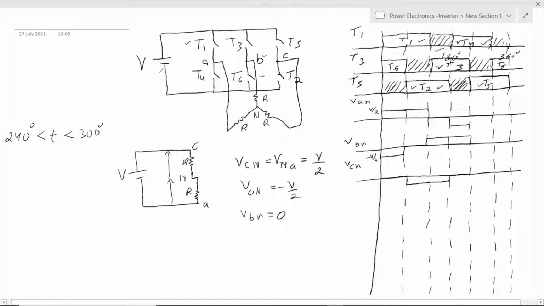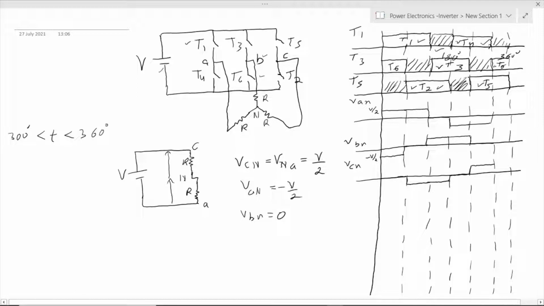So VAN is equal to minus V by 2 remains connected and VBN will be 0. So here it is 0 and VCN will be V by 2. So let us do for the last interval, 300 to 360 degree. In this region, T6 is connected.